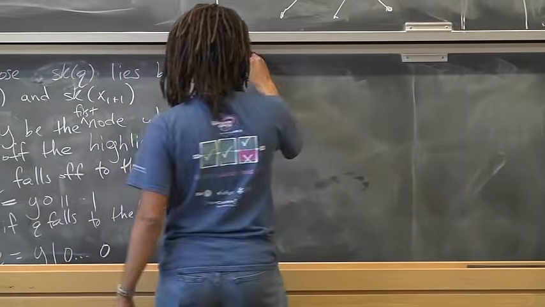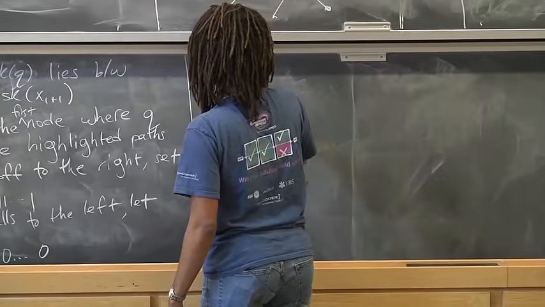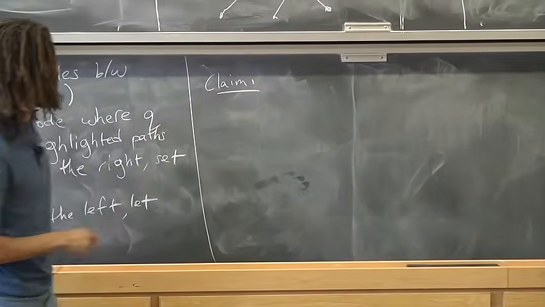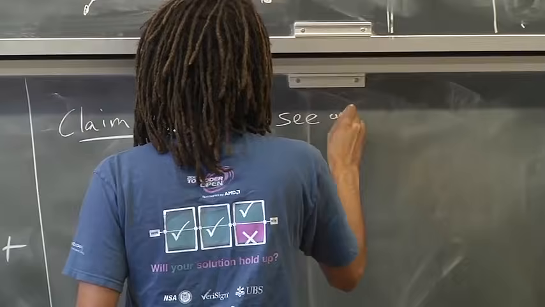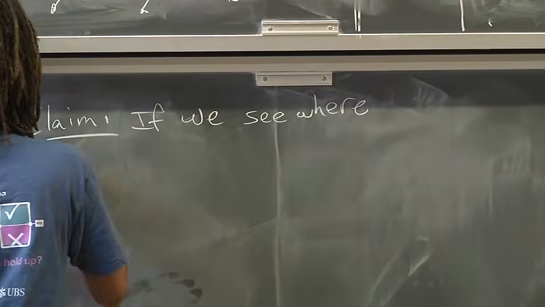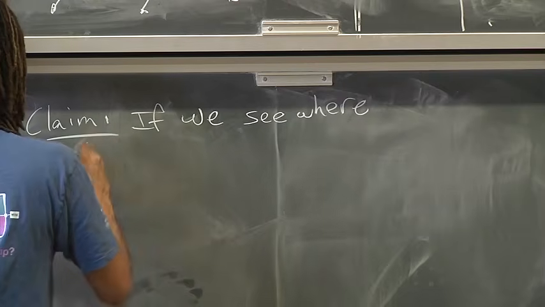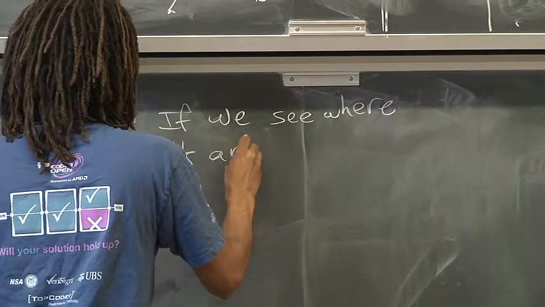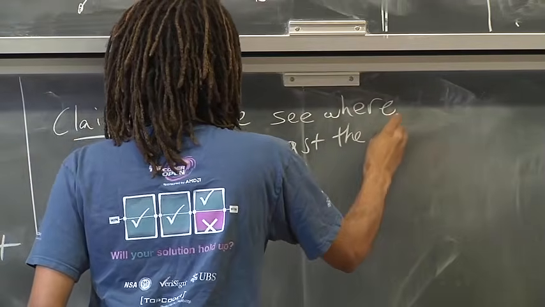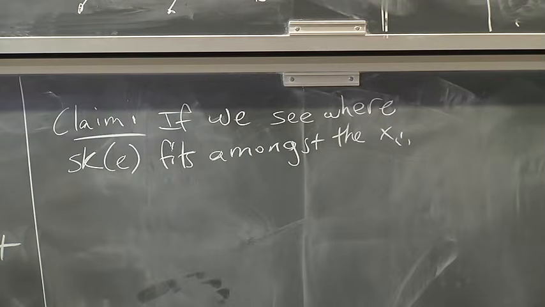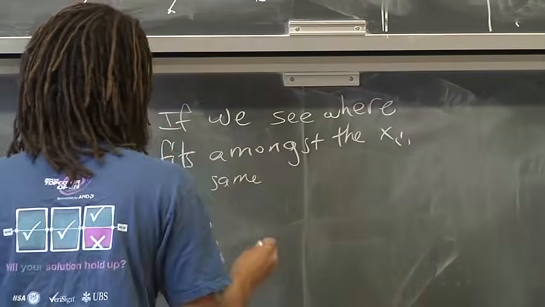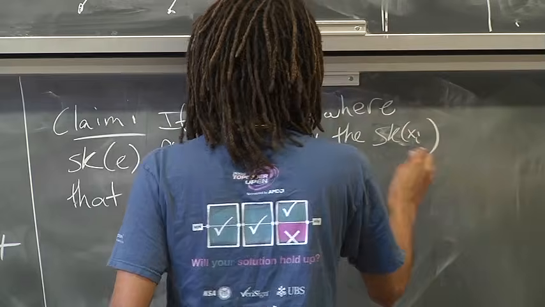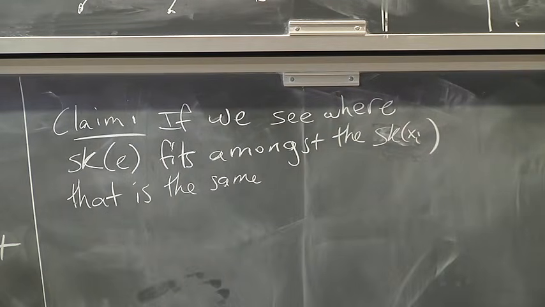And the claim is, if we see where the sketch of E fits amongst the xi, that is the same as where the sketch of E fits among the sketch of the xi's, or even E itself.